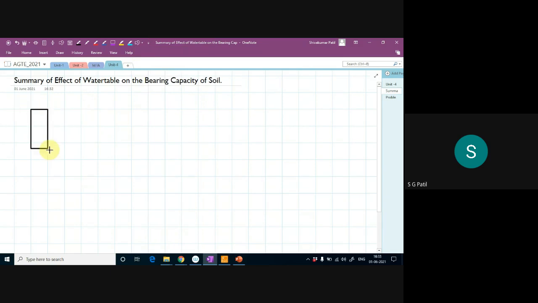So this is your foundation. Let me draw this at the center.